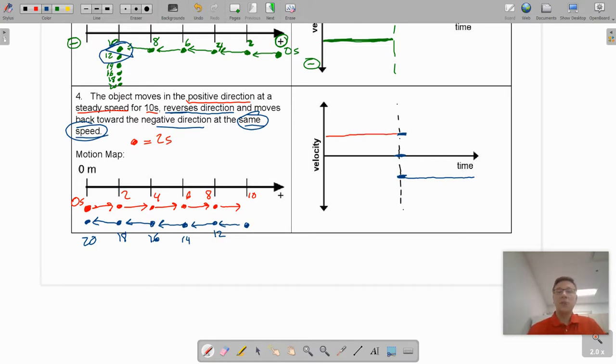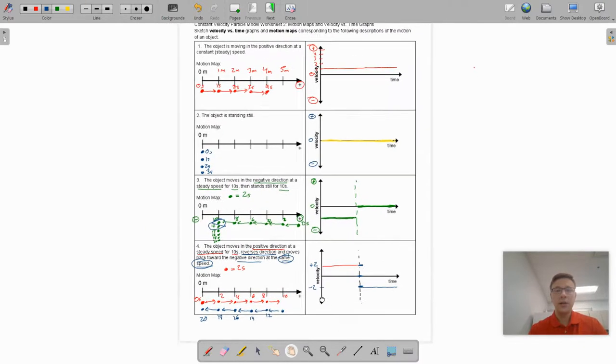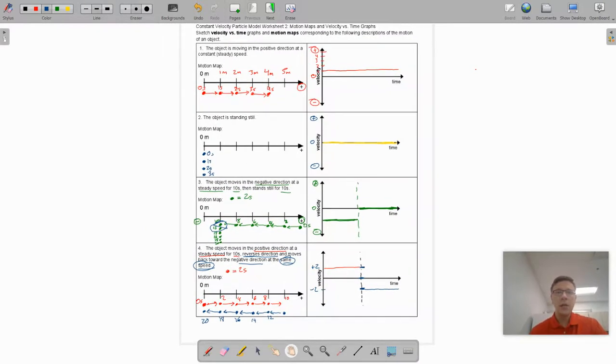Okay. So this is implying, let's say that this up here is like positive 2 meters per second. And then down here, this would be negative 2 meters per second. Okay. So we are now done with the first page, motion maps and some velocity versus time graphs there. And you can take a look at that, go back through it if you need to. We're going to go ahead and move on to the next page.